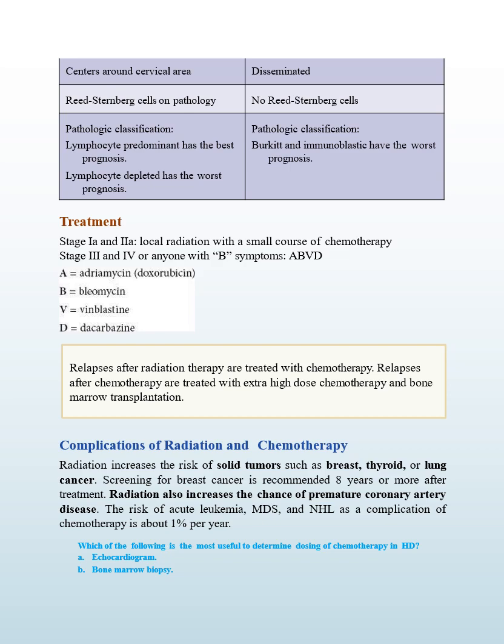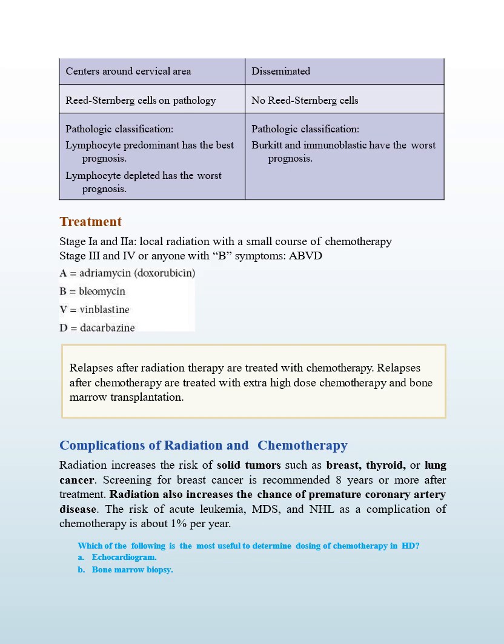Let's discuss here the complications of radiation and chemotherapy. The radiation usually increases the risk of solid tumors such as breast, thyroid, and lung cancer. Screening for breast cancer is recommended 8 years or more after treatment.